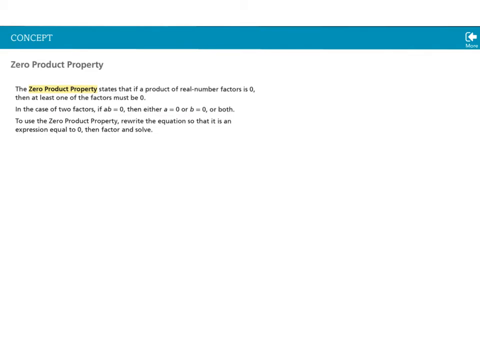Zero product property, I love it because it helps with cancellation so much. It states that if a product of real number factors is 0, then at least one of the factors must be 0.